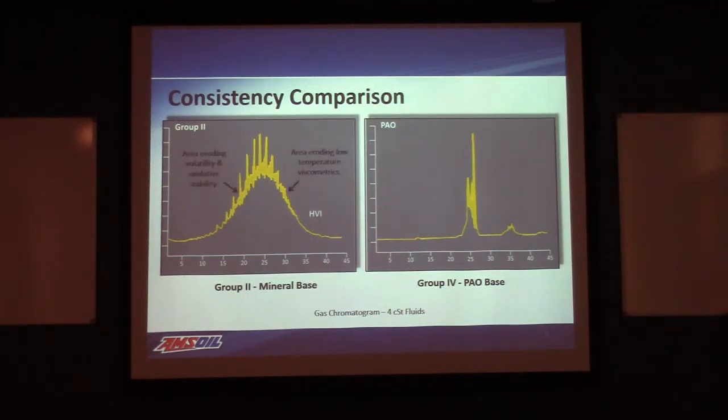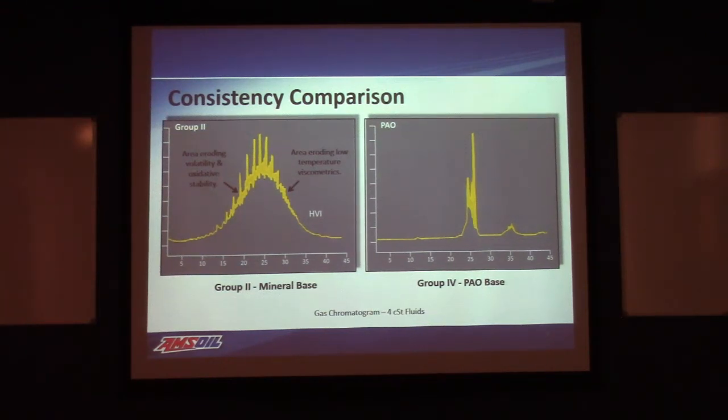The reason for it: anything on the left-hand side tends to be a very light fraction and has a higher degree of volatility. It also tends to oxidize or deteriorate at a much lower temperature and at a much higher rate, okay? So it's really not as suitable for the high temperature, stressful environments we see today.